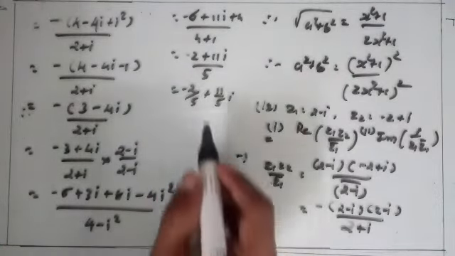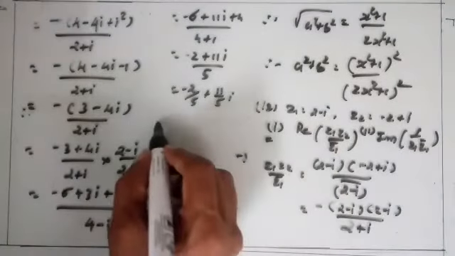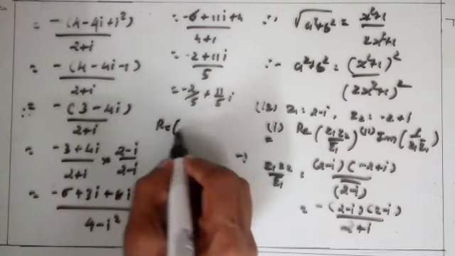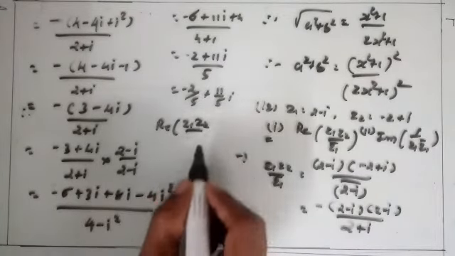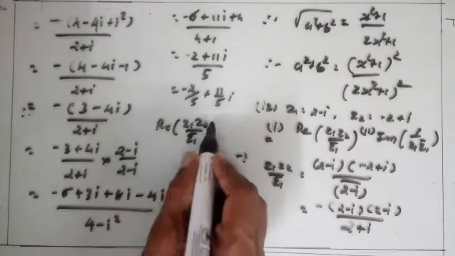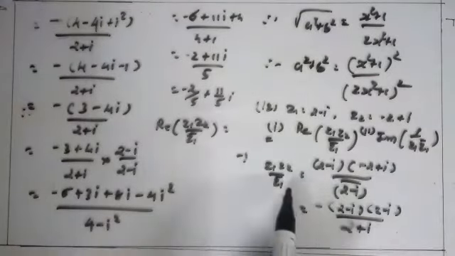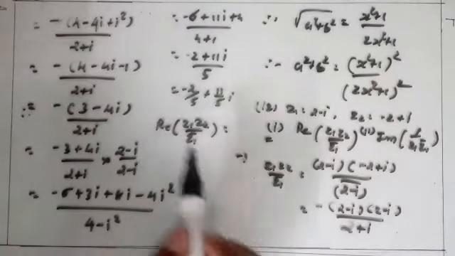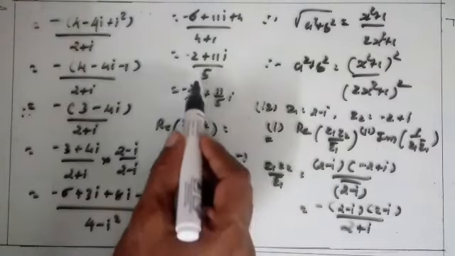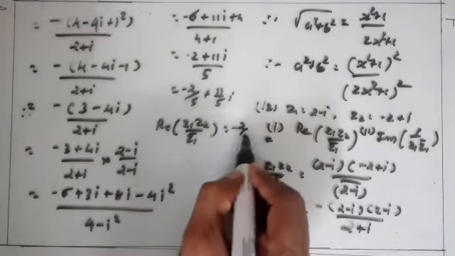Think about why we change into standard form a plus bi. Here we want to get the real part of Z1 Z2 upon Z1 bar, and we get it by converting into standard form a plus bi. Here the real part of this is equal to minus 2 upon 5.